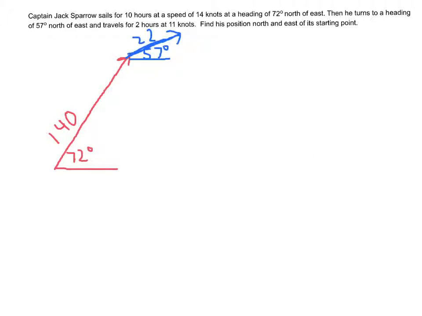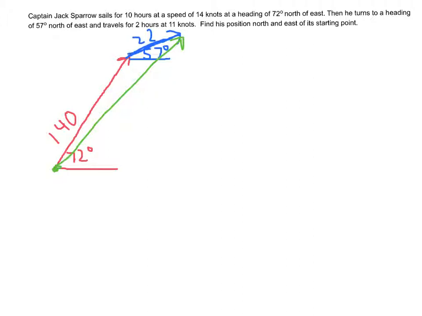So our resultant vector is going to be where Captain Jack Sparrow started to where he ended. And so just like every vector problem, we've got 2 vectors that are added together. We're going to add their components and find the components of the resultant vector.